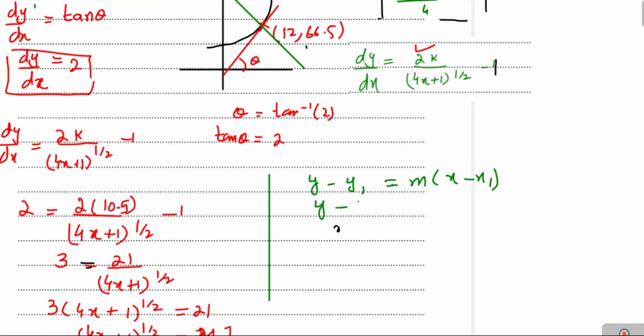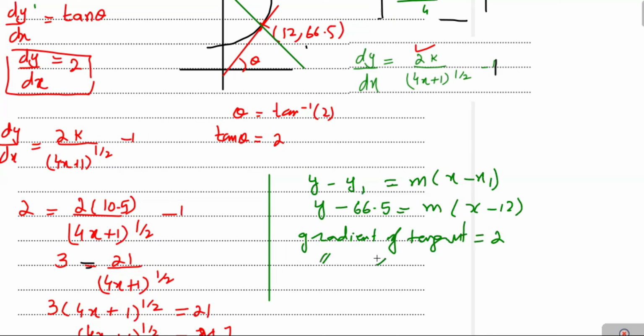Now y1 is 66.5, m is written as it is, x minus 12. Now the gradient of tangent we write here is 2. Therefore the gradient of normal will be minus 1 over 2.